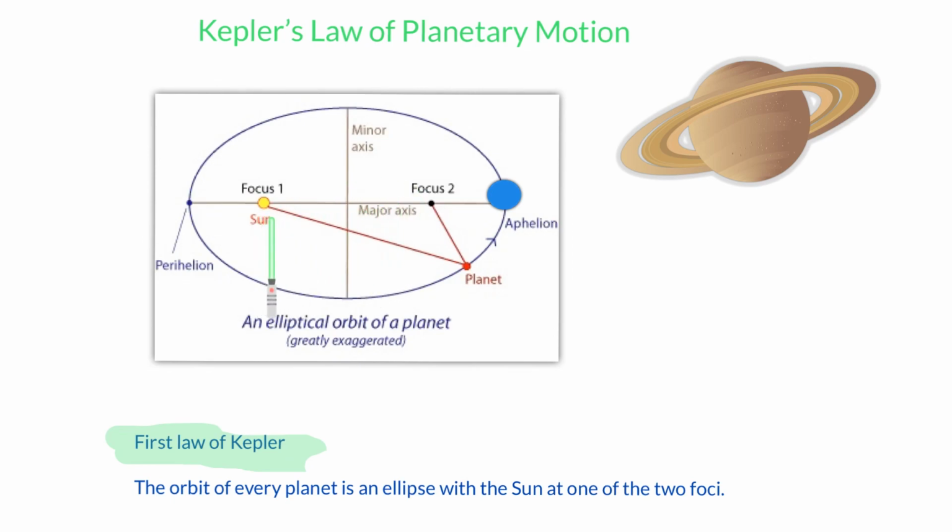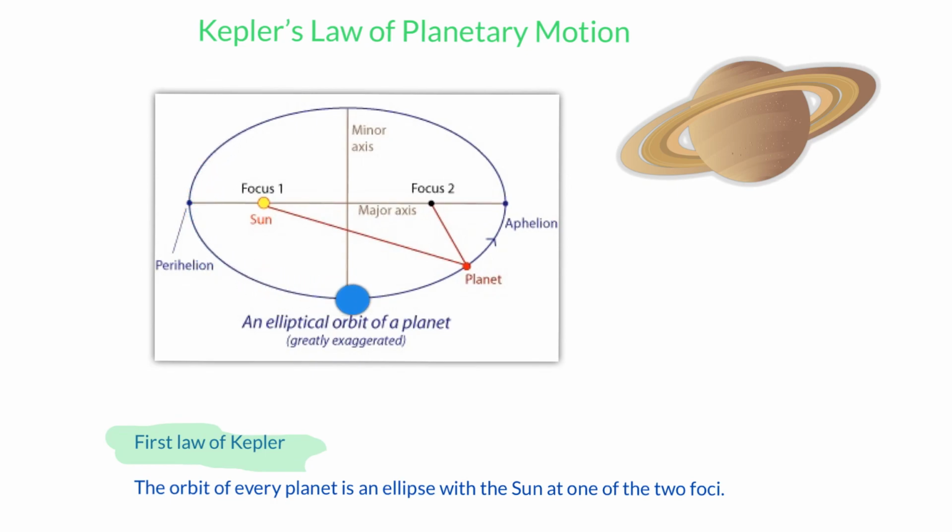Say here the sun is present, and this is the planet that is revolving around the sun in an elliptic orbit. That is the statement of the first law: the planet is revolving around the sun in an elliptic orbit with the sun at one of its foci. It keeps on revolving in the elliptic path.